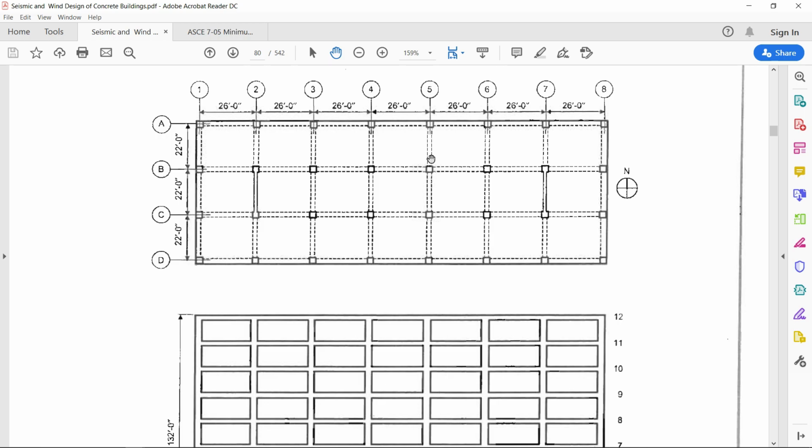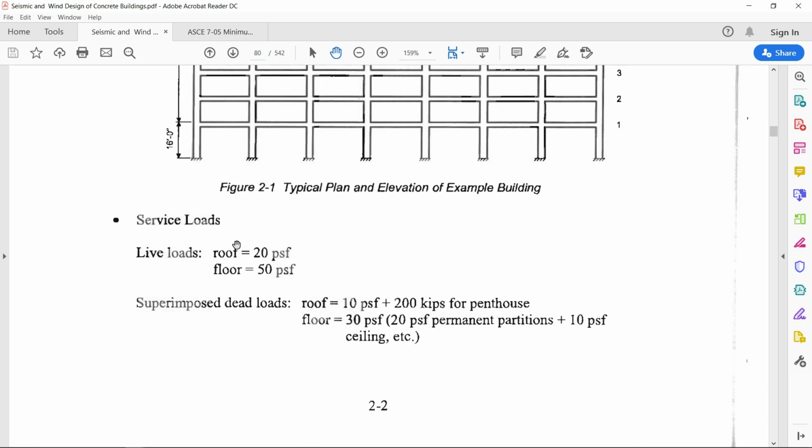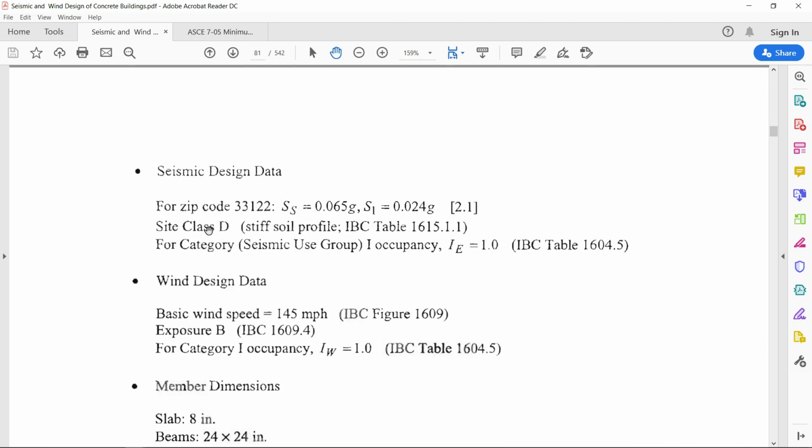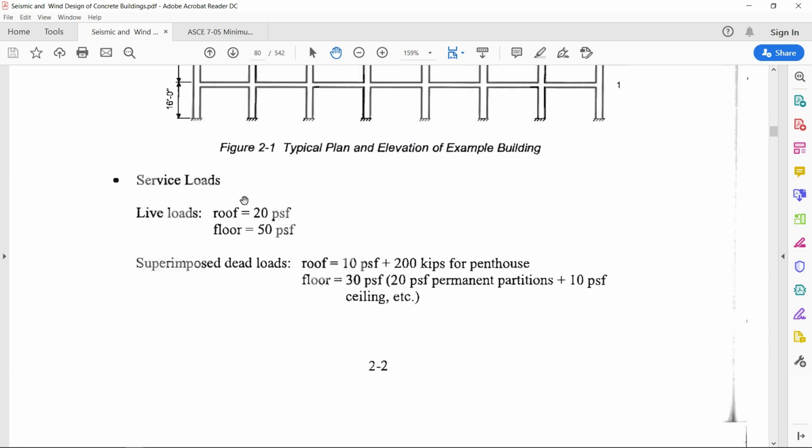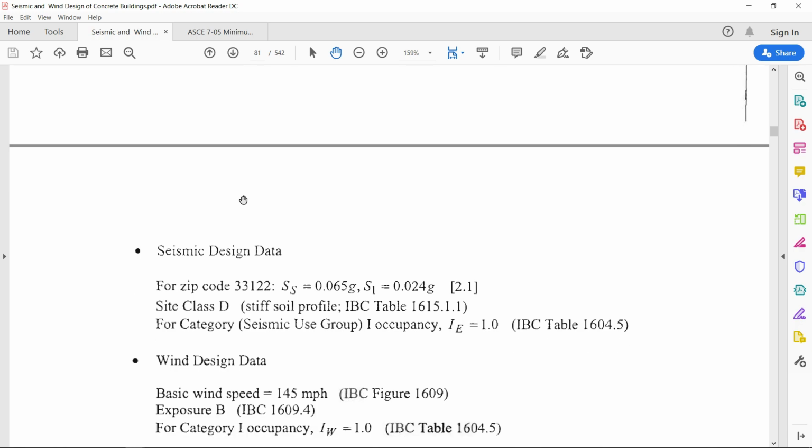And this building is supposed to be in the New York area, I think, where the zip code is 33122, and the seismic parameters are given as Ss 0.065g, S1 equals 0.024g, site class was D, and occupancy for the earthquake is 1.